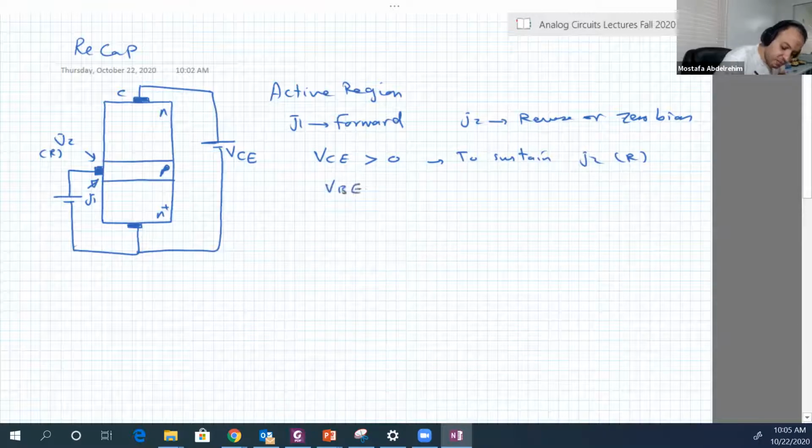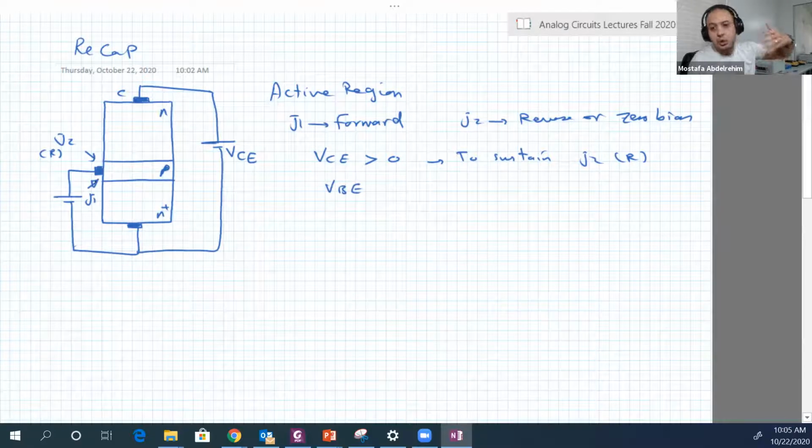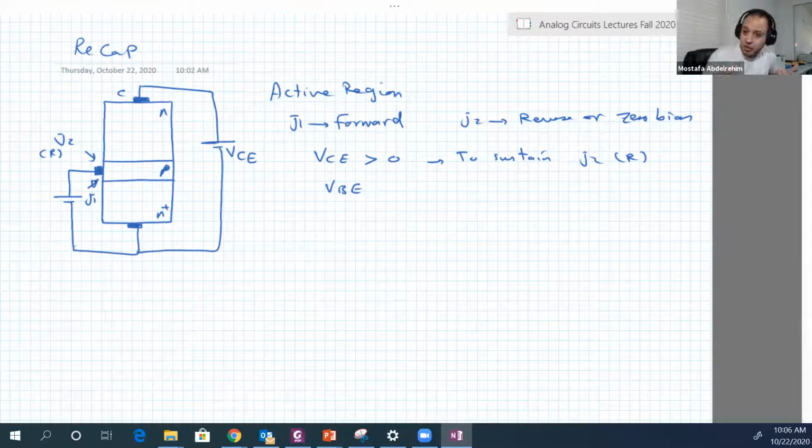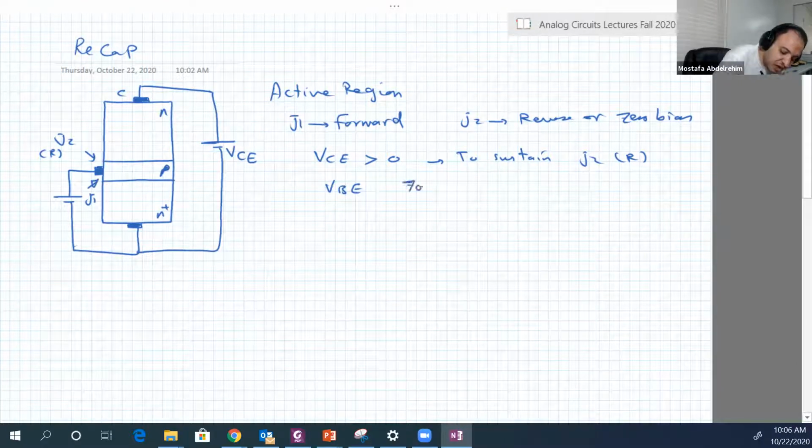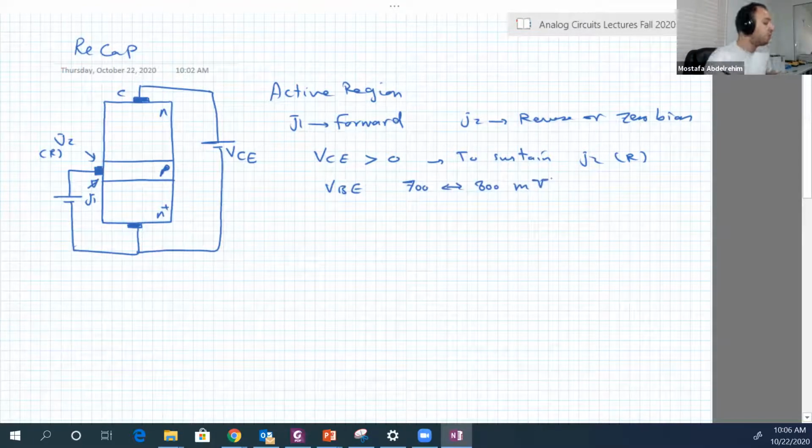VBE, I said that this junction should be forward, and we can say strong forward. I mean, if it was a diode, it should be on. So VBE should be between 700 to 800 millivolt, or between 0.7 and 0.8.